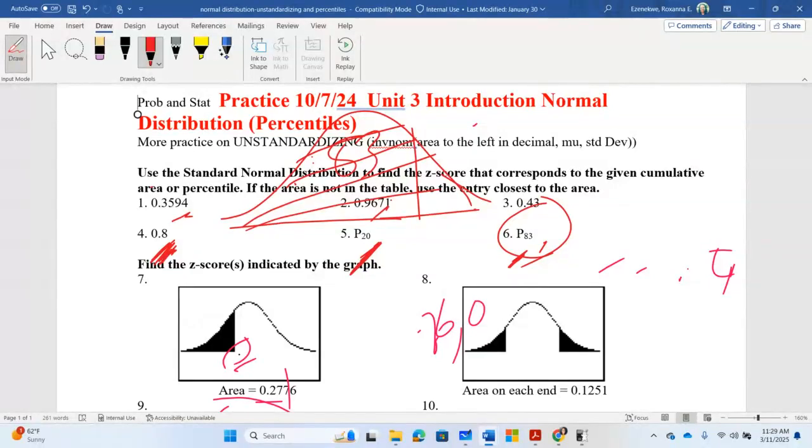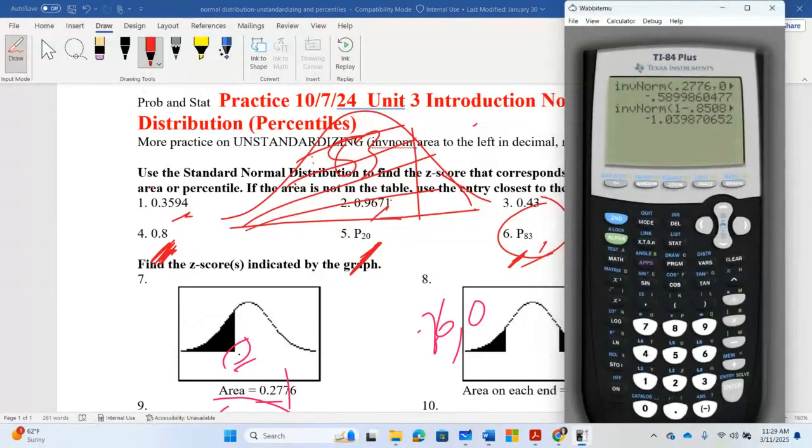Okay, so you get your calculator and use inverse norm, because you're going to find z. Second distribution, number 3, so you get inverse norm. And now I am going to put in 0.83, that is the percentile.